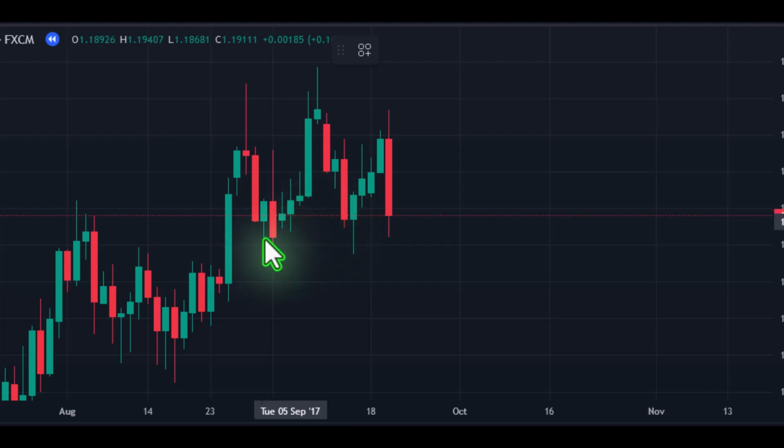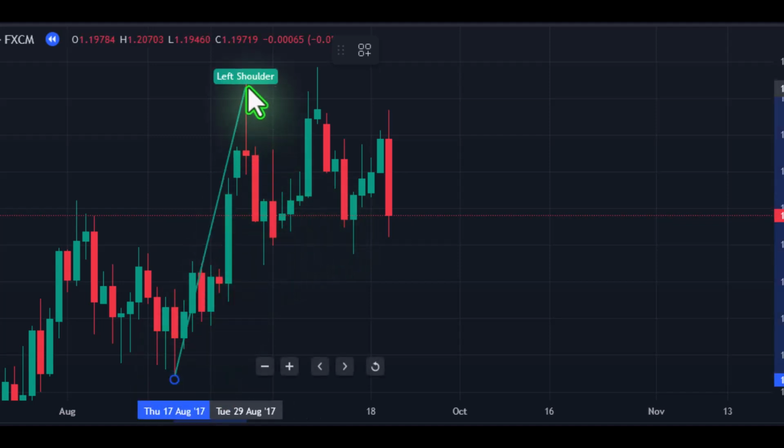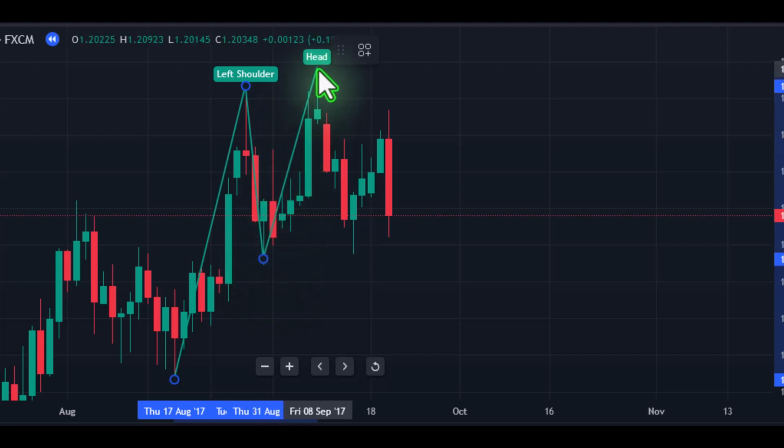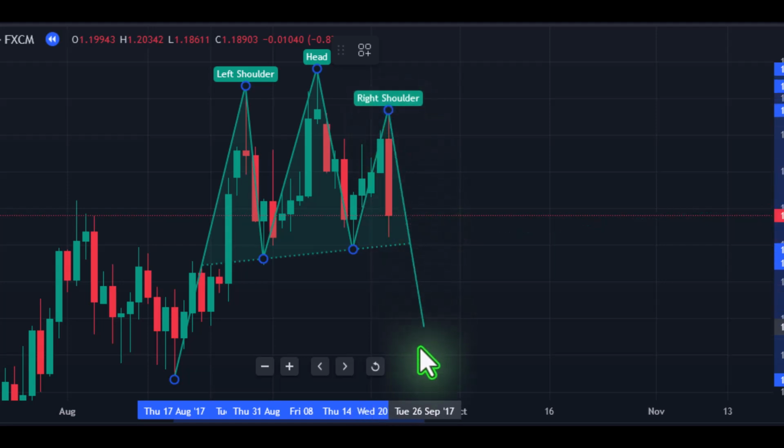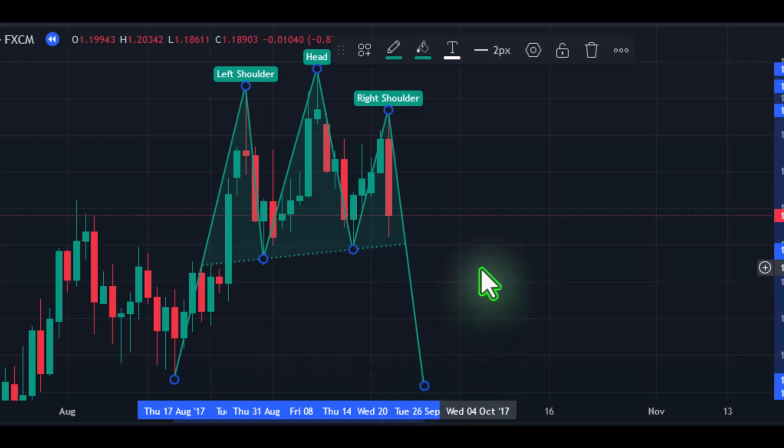So if we bring out our tool, we can draw from here to here, which is the first point. Trace back the retracement and go back to this point, then come back to this point and draw this. So you can see this is a head and shoulder pattern.